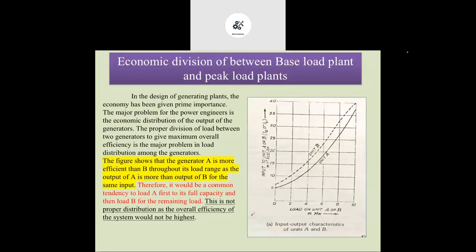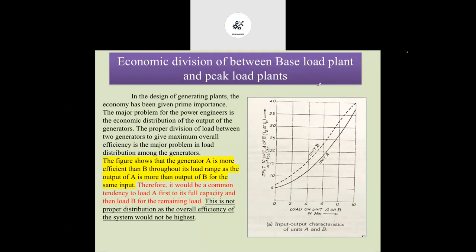So when heat rate is minimum, the incremental rate and heat rate will be equivalent. By using this differential formula, you can also calculate these factors, which are very important whenever we find out the performance and the operational characteristics of the power plant. So this is regarding the operational characteristics.